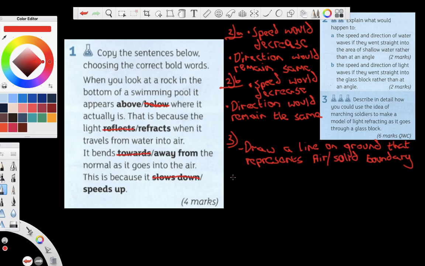You would also need to draw another line that represents the solid air boundary.